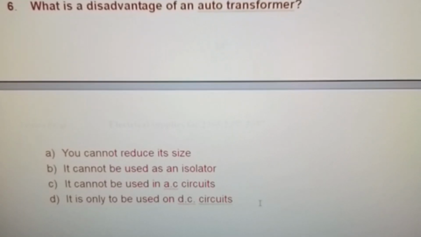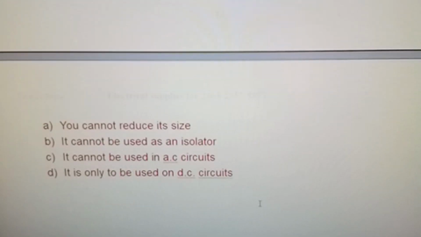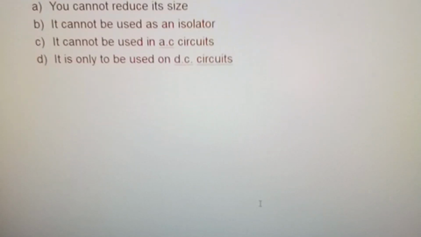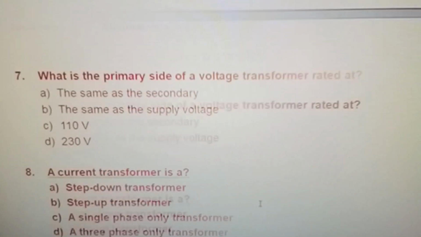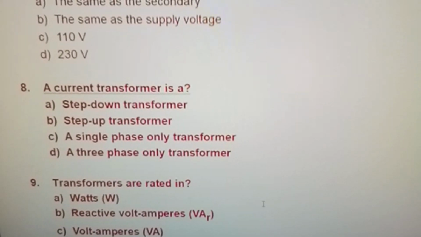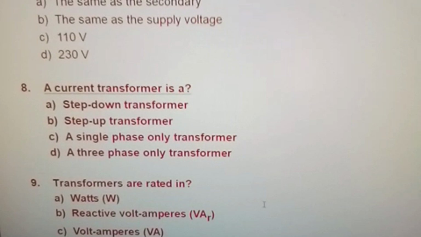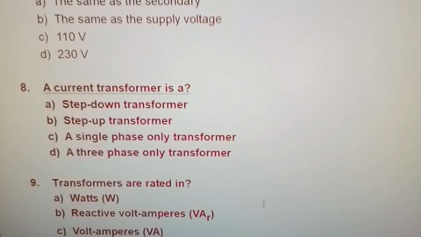What is a disadvantage of an auto transformer? Okay, decide for yourself. Look at it. And if you're fortunate enough, you would have had it given to you by handout. Now, what is the primary side of a voltage transformer rated at?